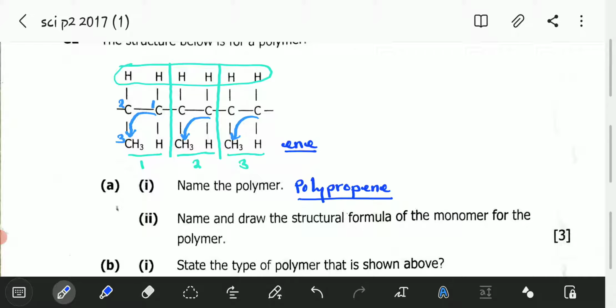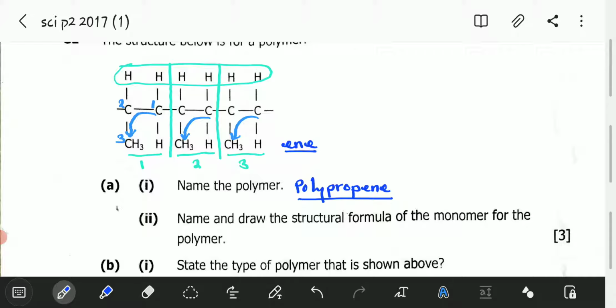All right, so this question has two parts. One requires us to write the name of the monomer. Now, what is the monomer? The monomer is the small molecules that were used to make the giant structure.